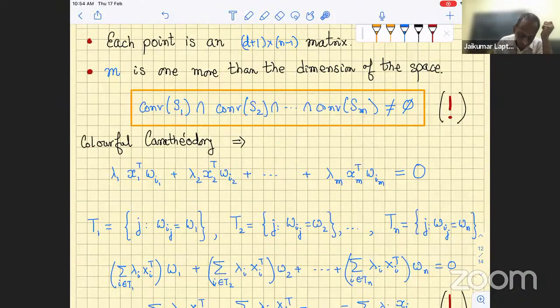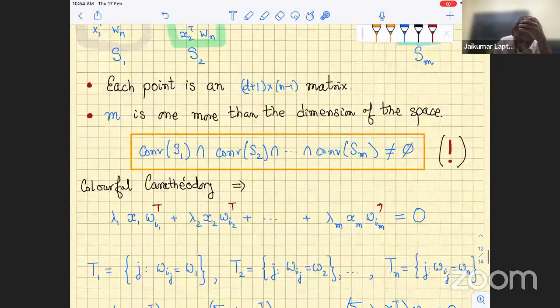And colorful Caratheodory says that that very 0, the matrix 0, can be written as a combination of one point where x1 is here and another point where x2 is here, xm here, because these points have color gray.